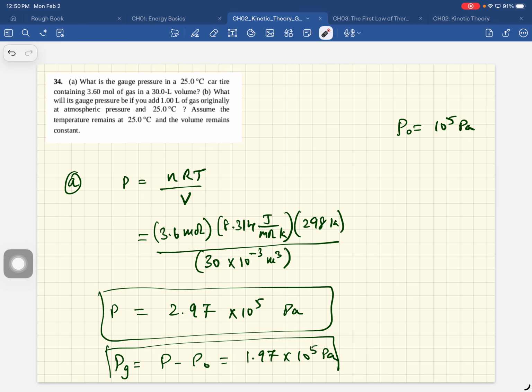All right, so for part B, n is PV divided by RT. So you're adding gas at 1 atmospheric pressure. The volume you're adding is 1 liter. R is 8.314 joules per mole per Kelvin, and you're adding it at 298 degrees Kelvin. So you added this many moles of gas.